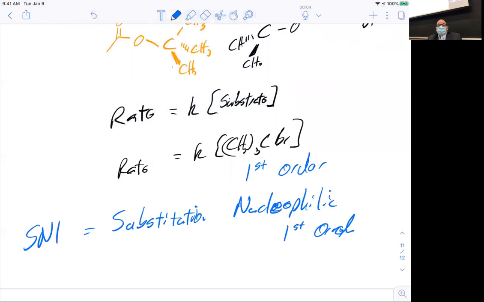Okay, so SN2 has one step and is second order. SN1 has two steps and is first order. And again, you'll get that confused, so please don't.